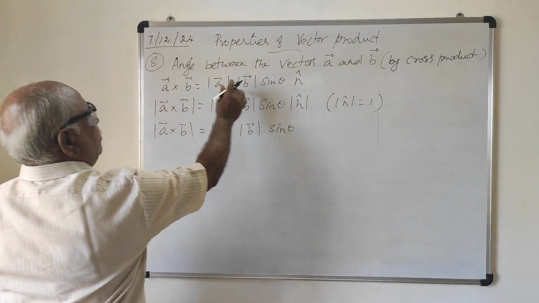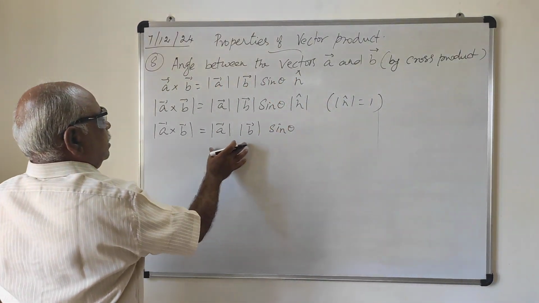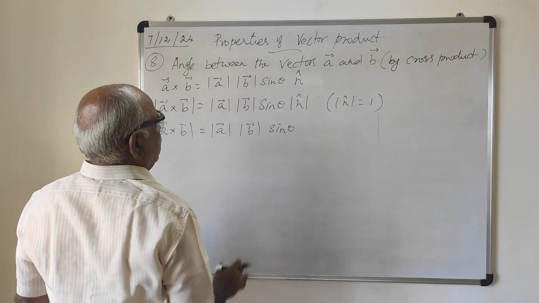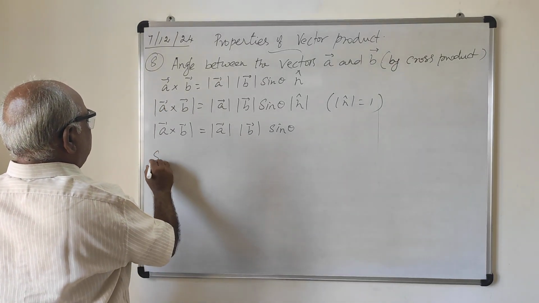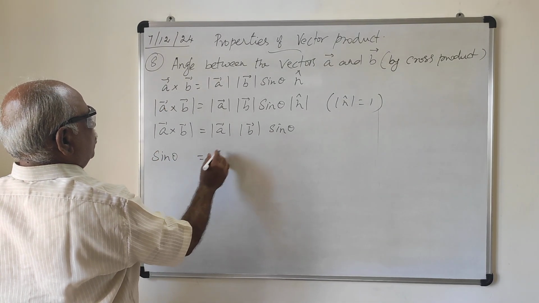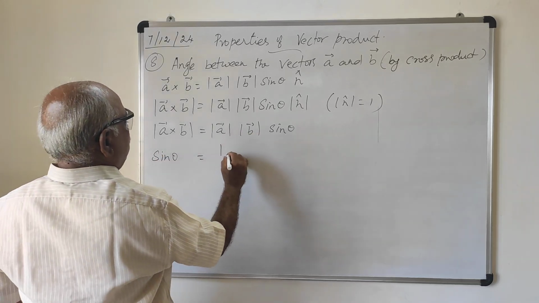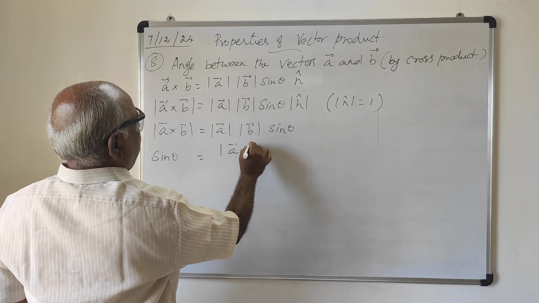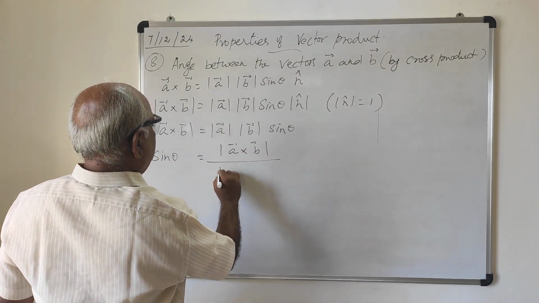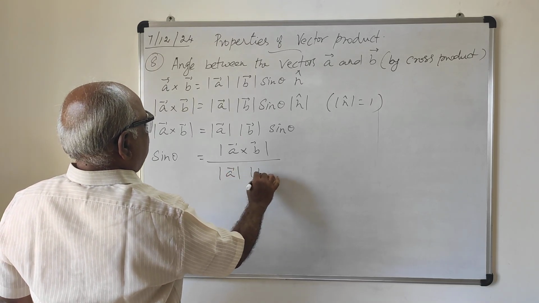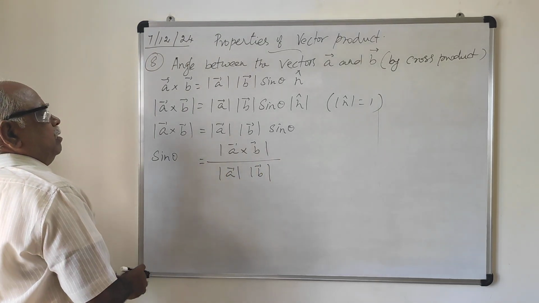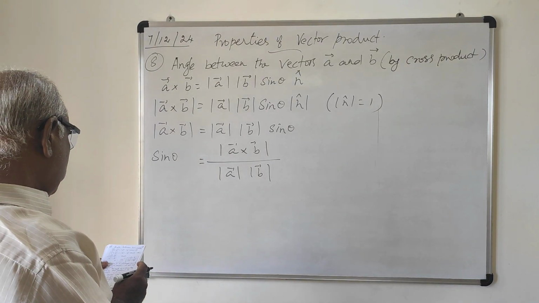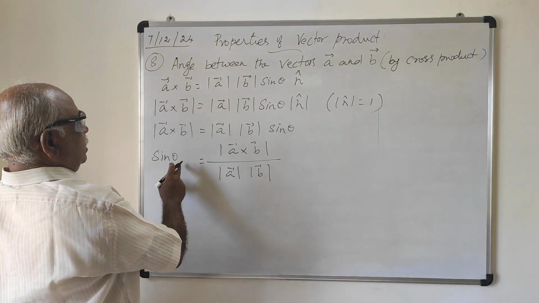So, in the result 1, from this result, I can find out angle between the vectors A and B by using sin theta. Keeping sin theta in the right hand side itself, you bring this mod of A cross B by mod A into mod B. This is your result for finding formula for angle between the two vectors using cross product.